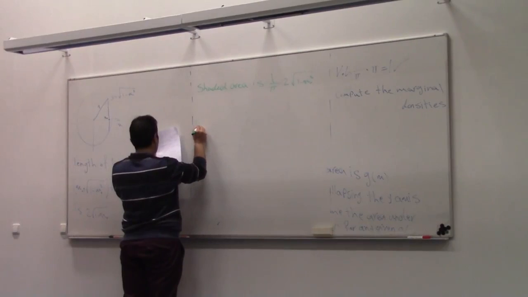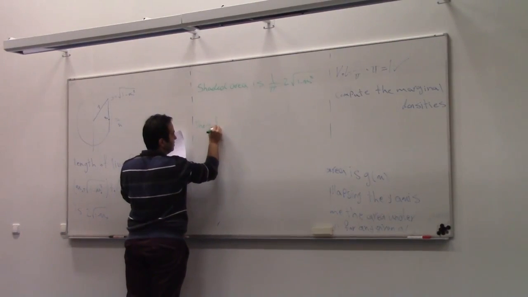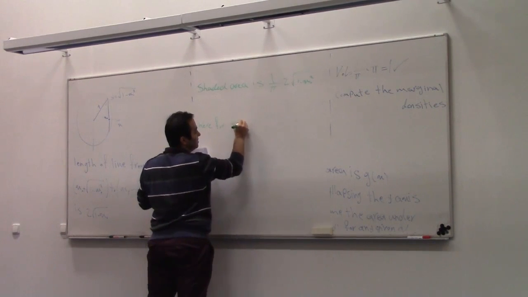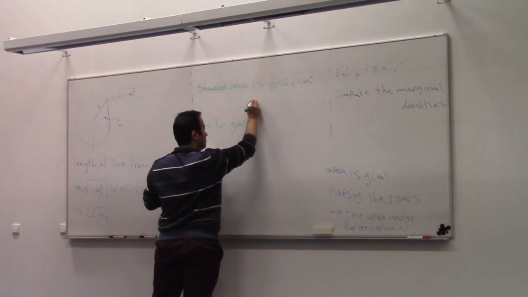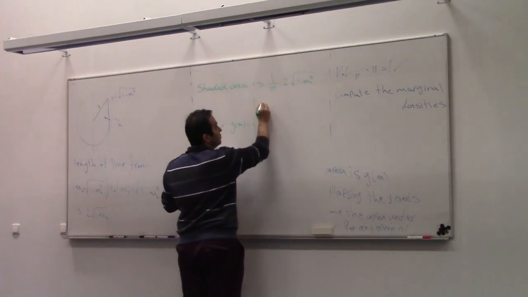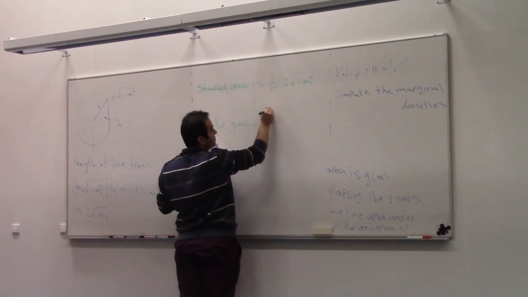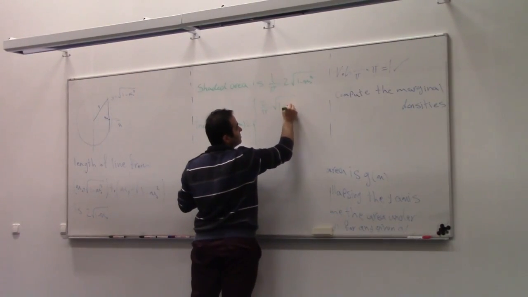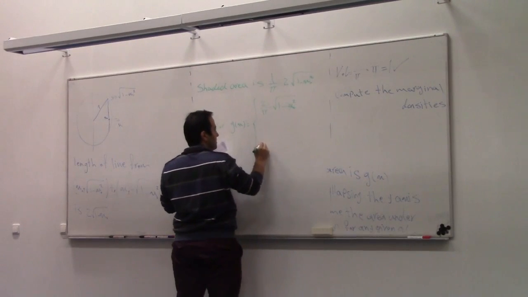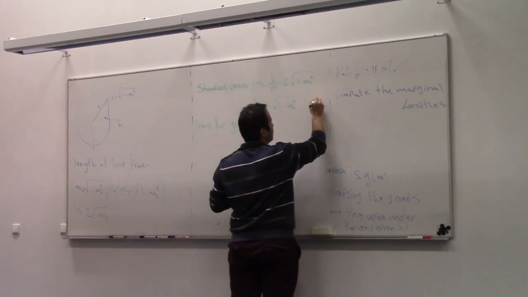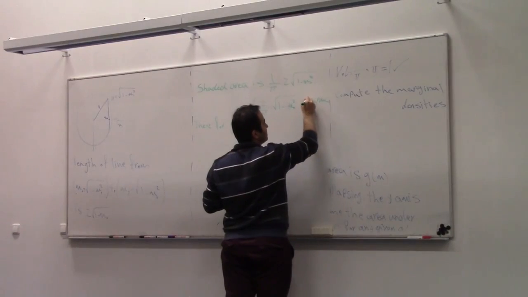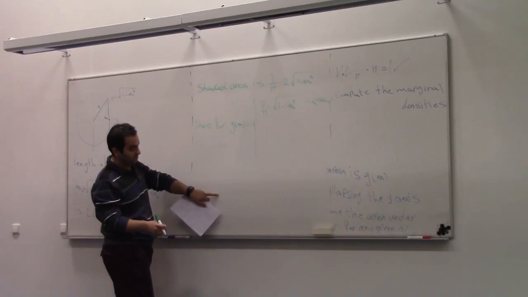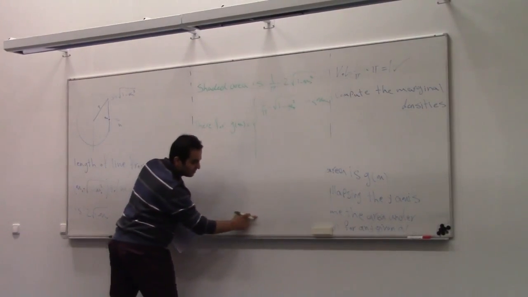Then J(x) equals 2 over pi times the square root of 1 minus x0 squared, when x is between minus 1 and 1. As you remember, in this shape the x was between minus 1 and 1, we have the circle here.